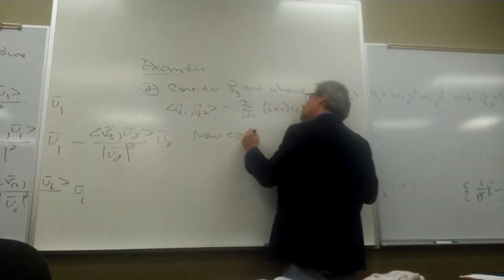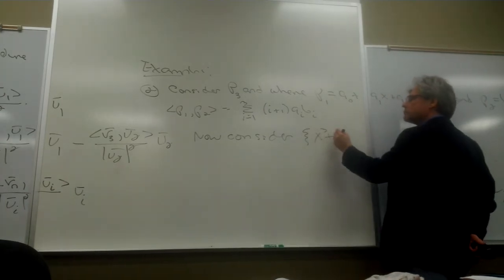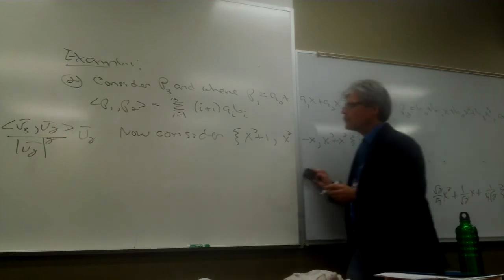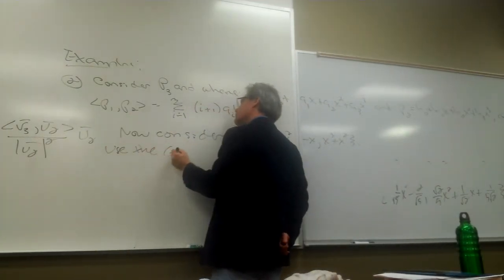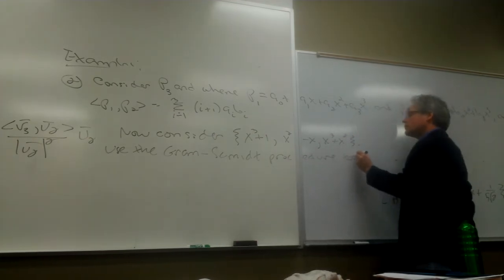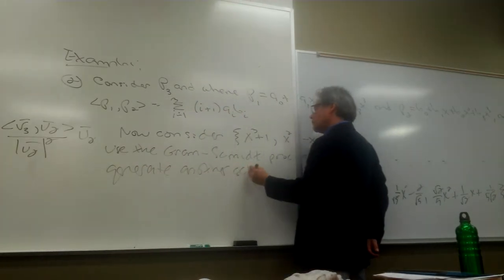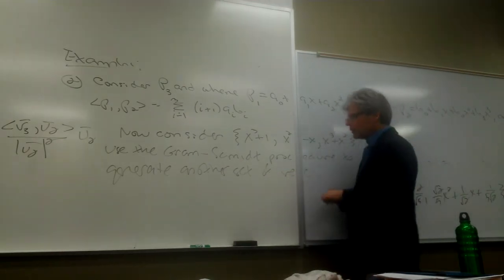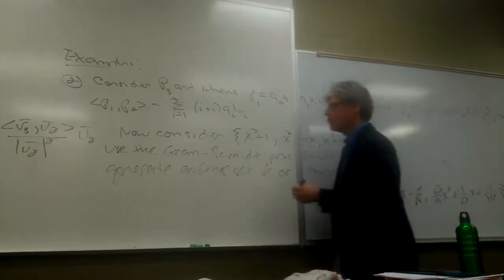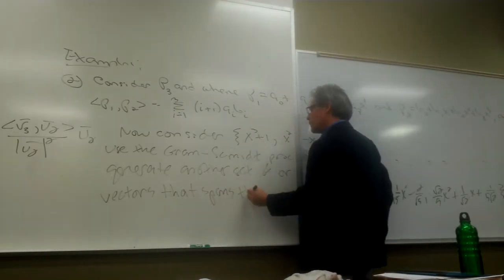Now consider this set of vectors. Use the Gram-Schmidt procedure to generate another set of orthogonal vectors that spans the same space.